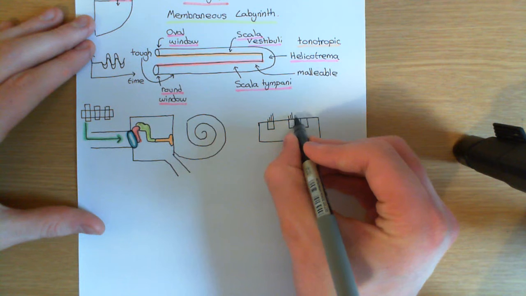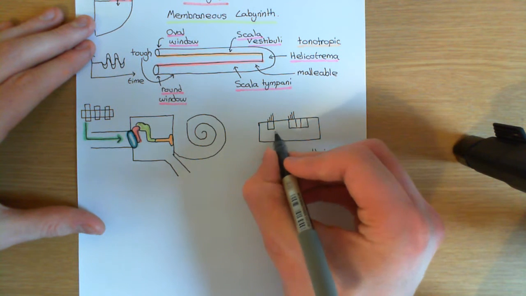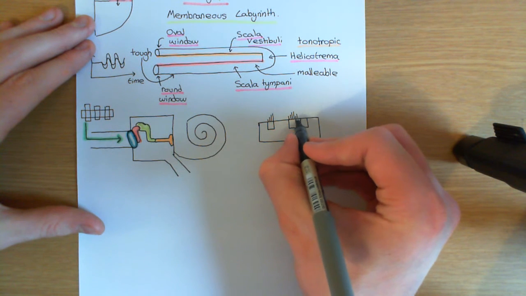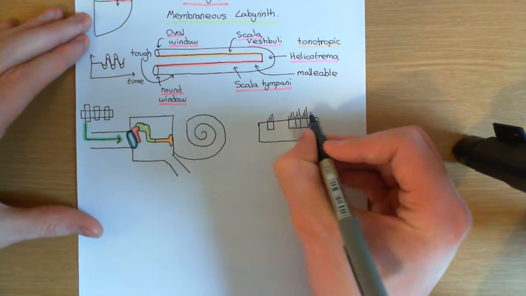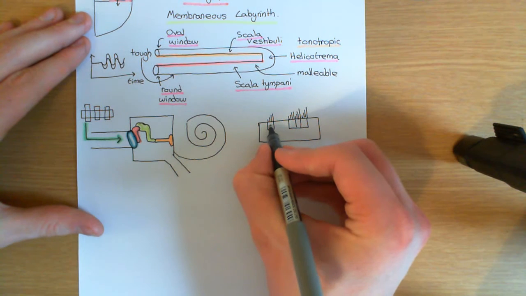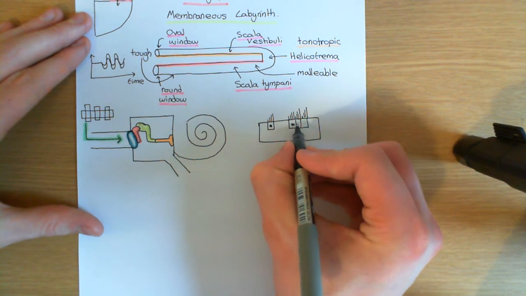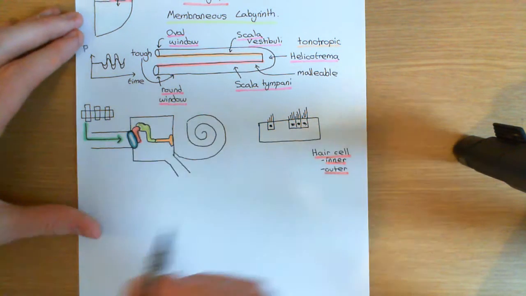By the way, all of the rest of the tissue of the organ of Corti will just be supporting cells. The essential cells are these hair cells, so these are the ones we're going to focus on. We're not going to talk about the supporting cells, but that's what the rest of the tissue is, in case you're wondering.